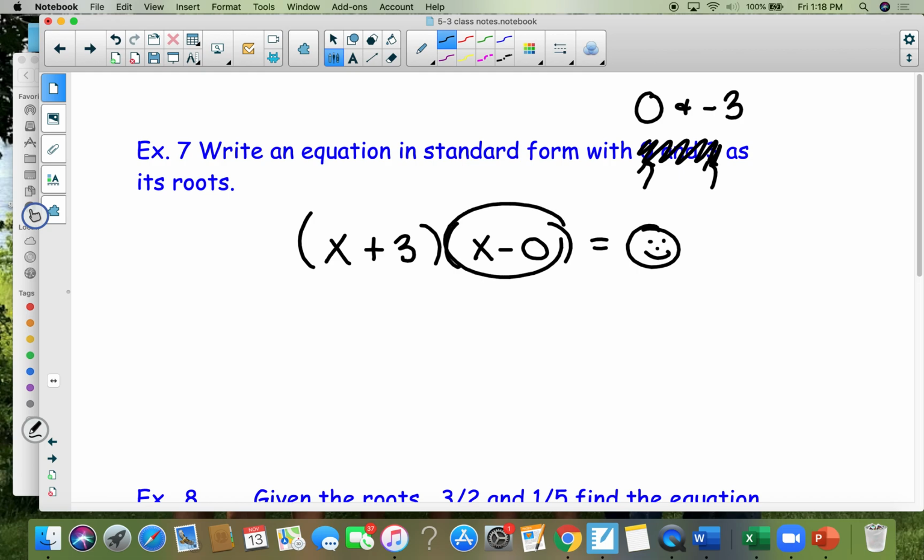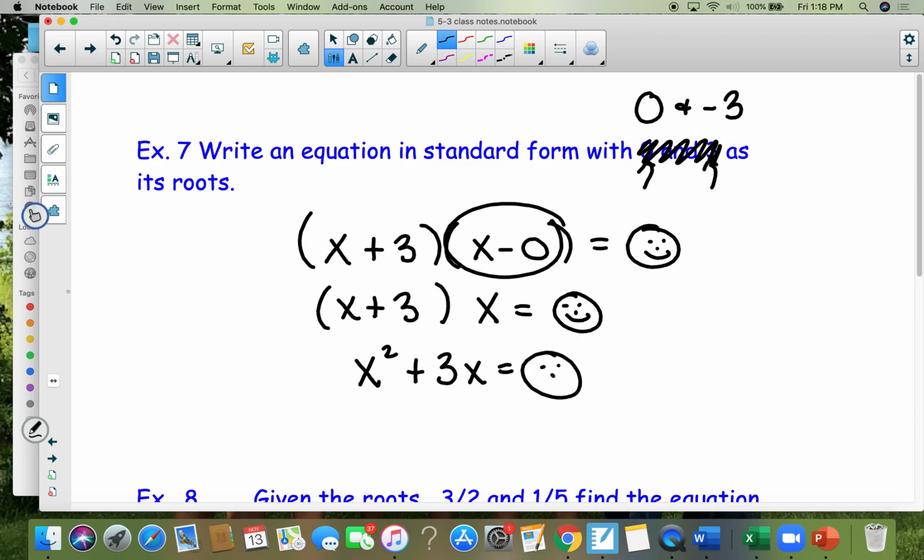But x minus 0 is just x, so x times the quantity x plus 3 equals 0. So you're going to do the famous distributive property and get x squared plus 3x equals 0.